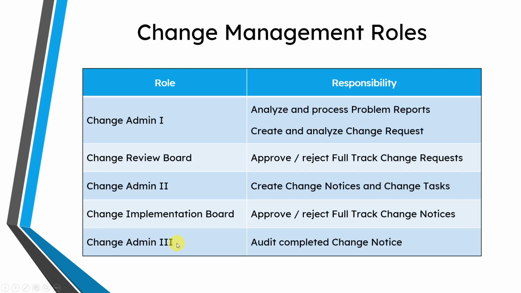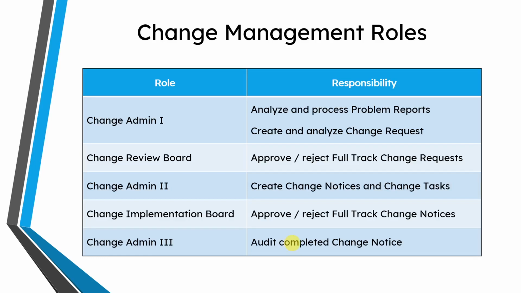If a request goes through the change management process and through a change notice, all the tasks are then completed and they are reviewed. The final step is for the Change Admin 3, who will audit the change notice to make sure that everything has been completed, and when they sign off on it, that closes the loop of the change management process.